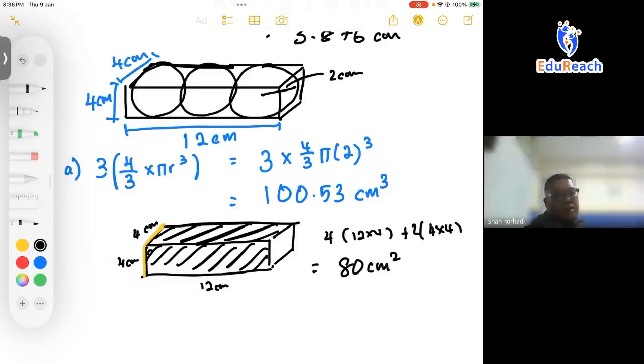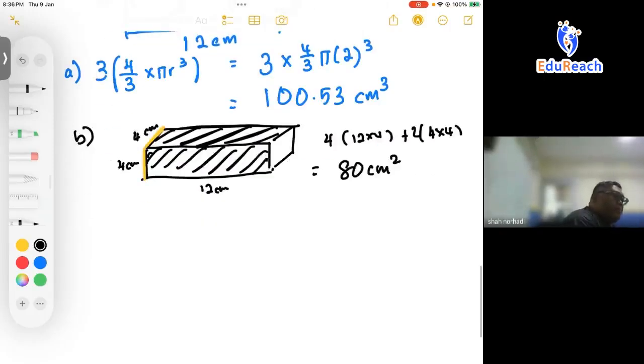Okay. All right. Now the question 8C that Aman is stuck at. The question says that the balls are then melted down and recast to form a hemisphere. Who doesn't know what a hemisphere is? Who knows what a sphere is? The ball.